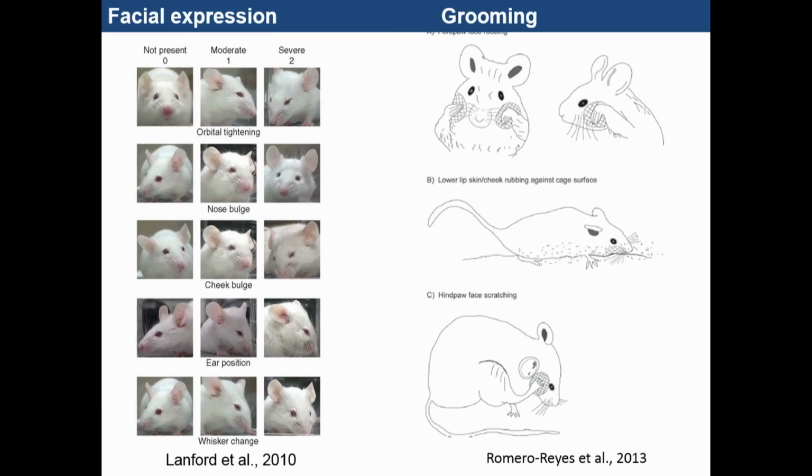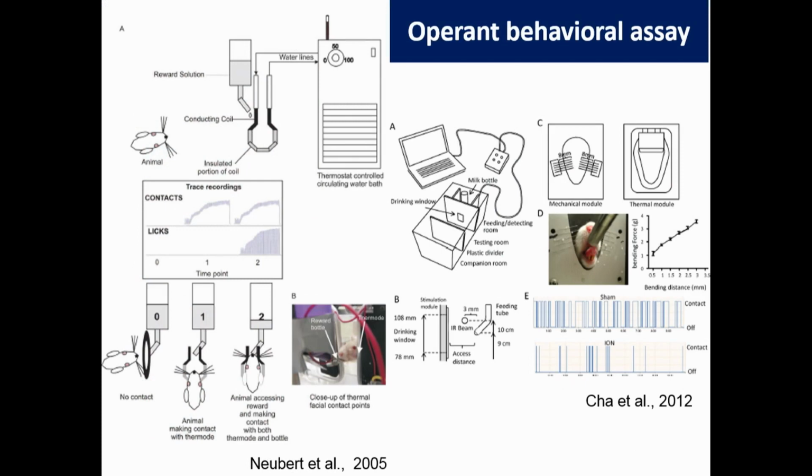Another thing is facial expression, which was developed by Jeff Mogil's group. The facial expression can be used as an index for orofacial pain, and facial grooming can also be used as an index of orofacial pain in rodents. A lot of effort has also been dedicated to developing operant behavioral assays, like Roger Fillingim's group in Florida.